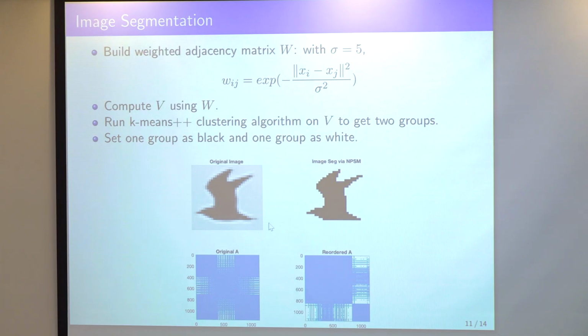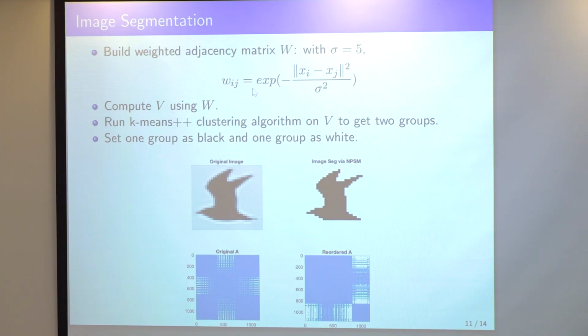Then we have the application to image segmentation. Suppose we have a picture like this, and the picture has pixels. We think of each pixel as a node. Then we can build a weighted graph based on those nodes. We build the weights based on the pixels, just calculated this way. Here we can set different sigma.